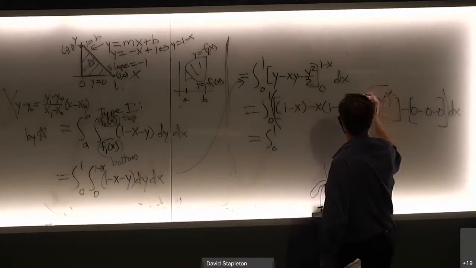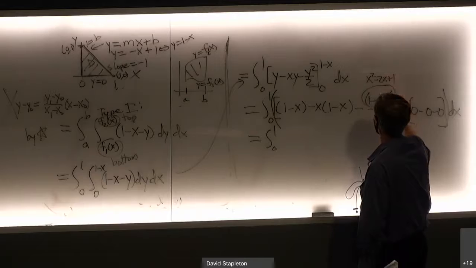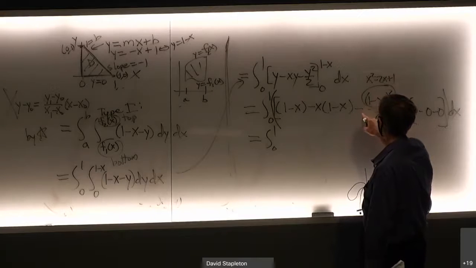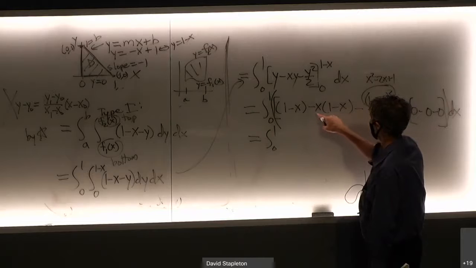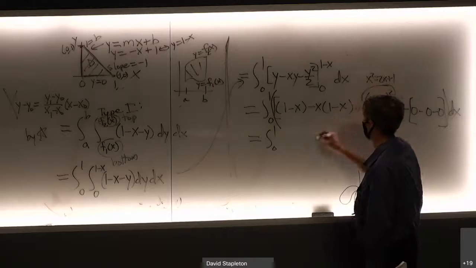Let's see, this one is x squared minus 2x plus 1 if I FOIL it out. Subtract it and divide by 2 and subtract all of them. So let's see, I've got minus x squared here, and minus a half x squared here gives a half x squared.